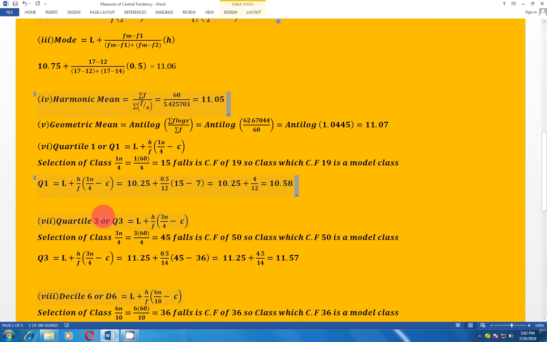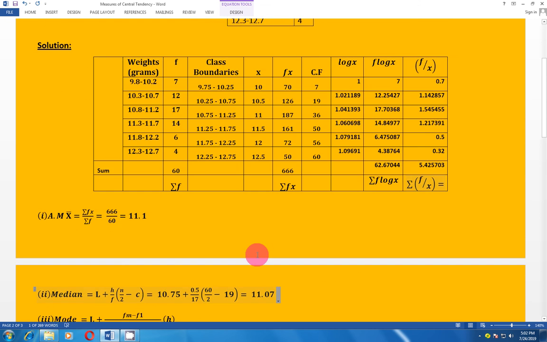Similarly, in the case of quartile 3, first of all we will calculate 3n by 4 to find the modal class. For example, 60 multiplied by 3 will be equal to 180 by 4, and finally it will be equal to 45. So it will be located in the cumulative frequency of 50.